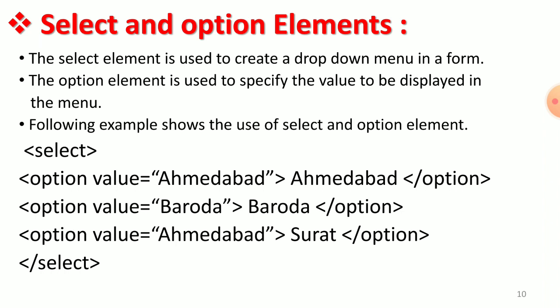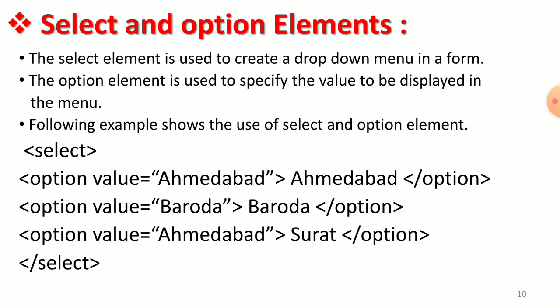Following example shows the use of select and option elements. Select, option value equals to Ahmedabad, and the value is Ahmedabad and slash option. Second, option value equals to Rajkot, value is Rajkot and then slash option.